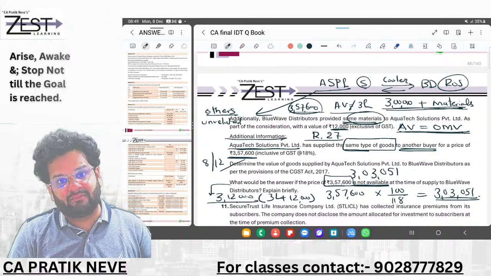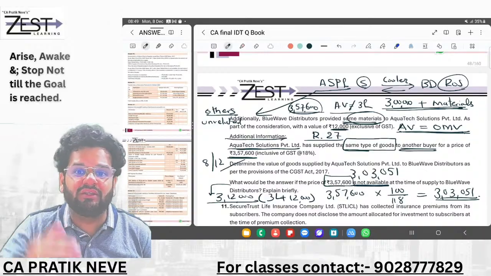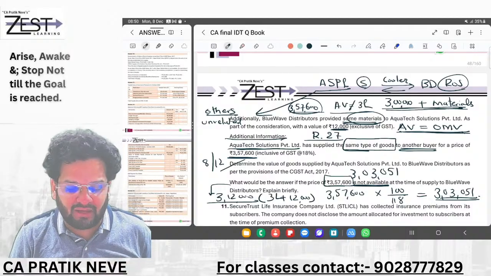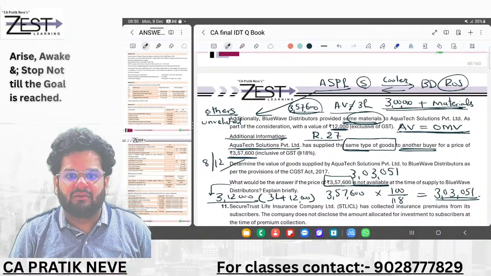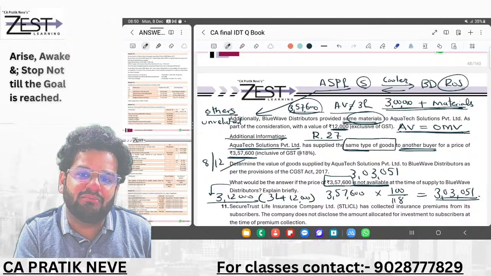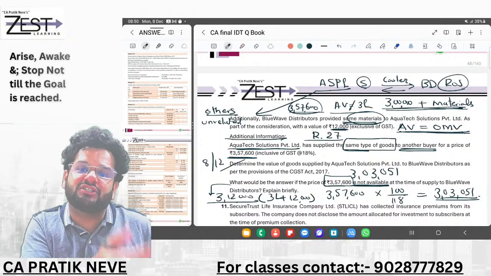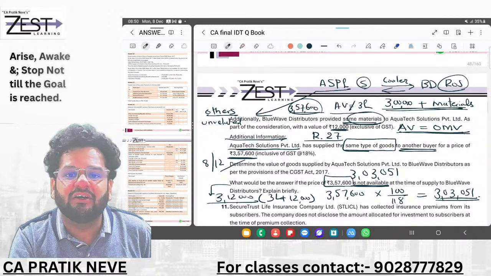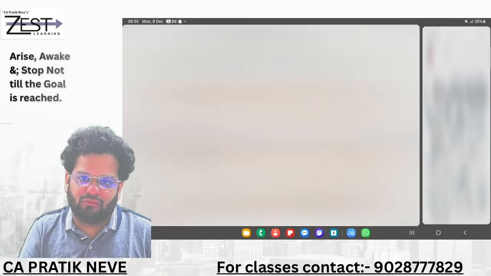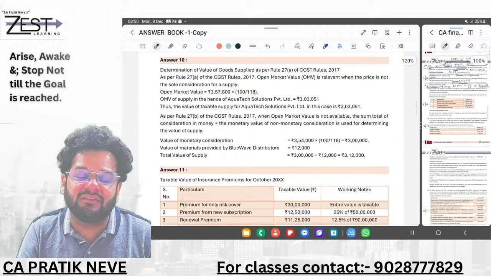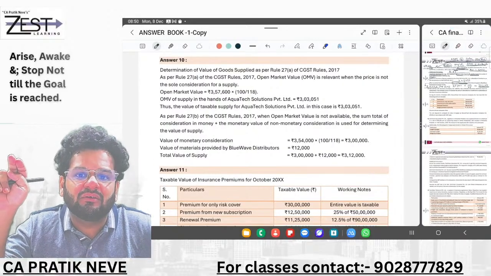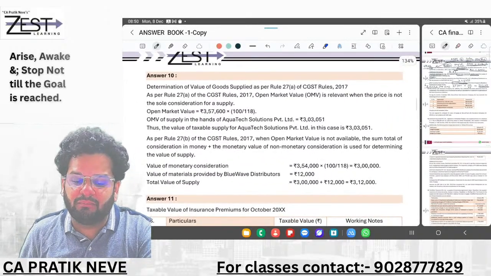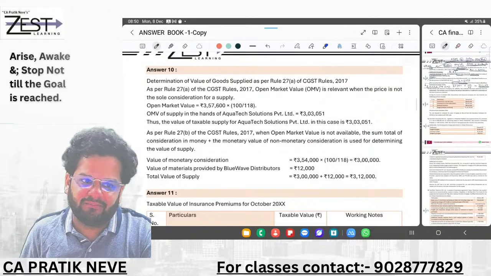So basically, as per rule 27, go in the sequence. Clause A talks about open market value. If that is not available, then go for transaction value in money plus value of consideration which is not in money. If that is also not available, go to clause C. Clause C is value of supply of goods and services of like kind and quality. If that is also not available, then you have to go to rule number 30 or 31. Clear?